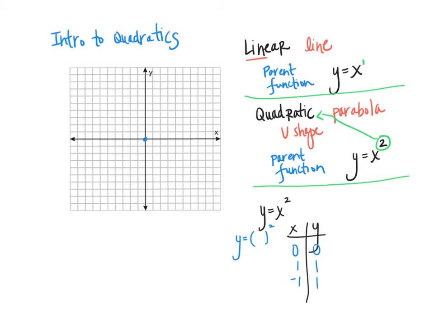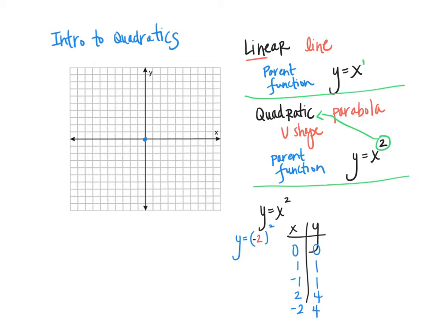I know with lines we did 3 points. With parabolas we're going to do at least 5. So let's say, what if x is 2? Well, if x is 2, 2 times 2 is going to be 4. And then I'd also look at the negative value. If x is negative 2, negative 2 times negative 2 is going to be a positive 4.